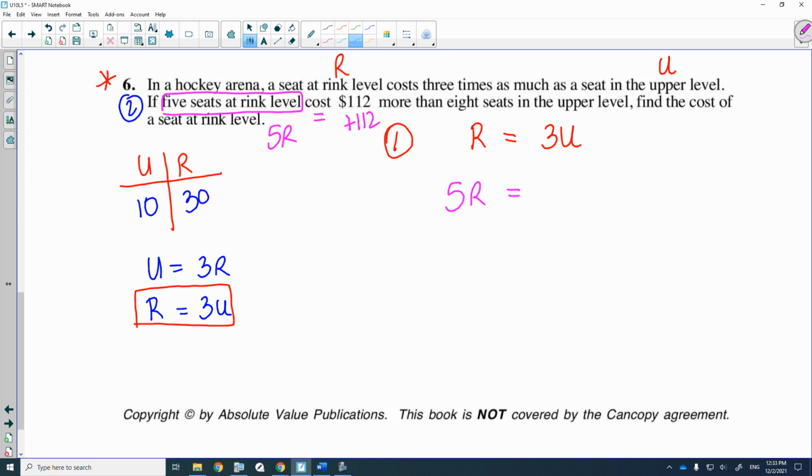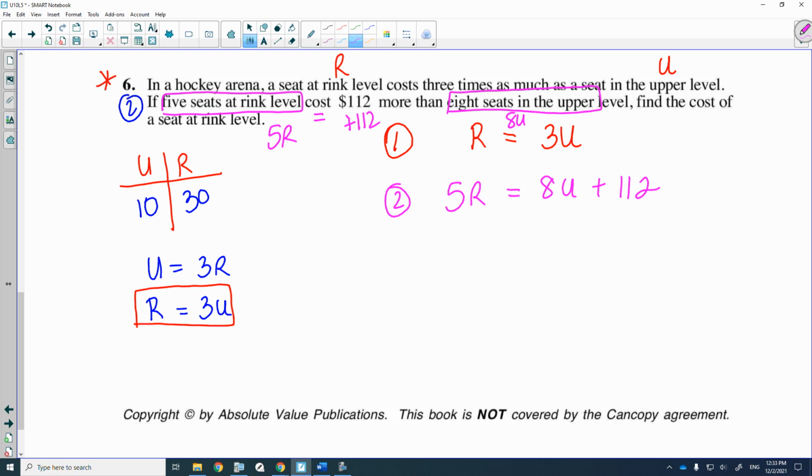Then 8 seats at upper level would be 8U. Raise your hand if you know this equation. 5 seats at rink level cost 112 more than 8 seats at upper level. Tristan, what would it be? Yes. 5R is equal to 8U plus 112.